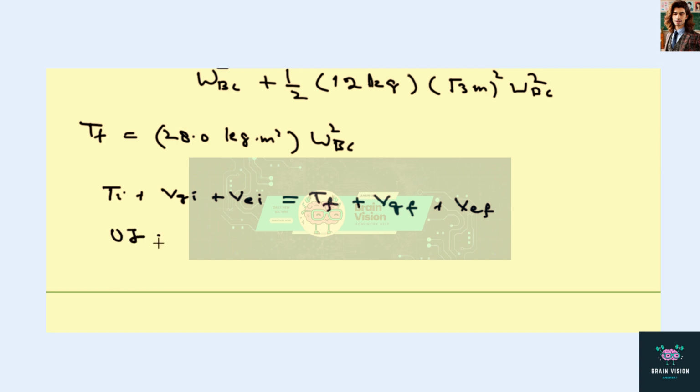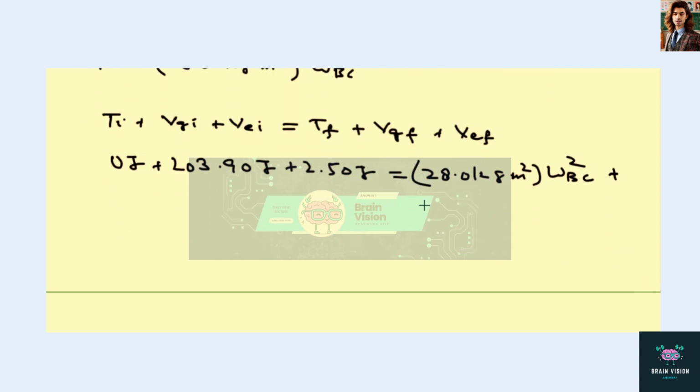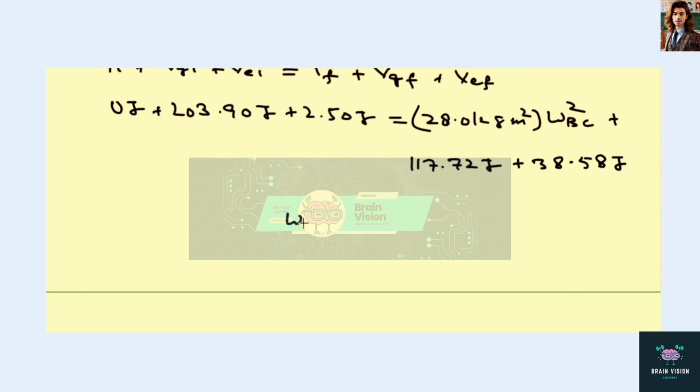So 0 joule plus 203.90 joule plus 2.50 joule is equal to 28.0 kg meter square into omega BC square plus 117.72 joule plus 38.58 joule.